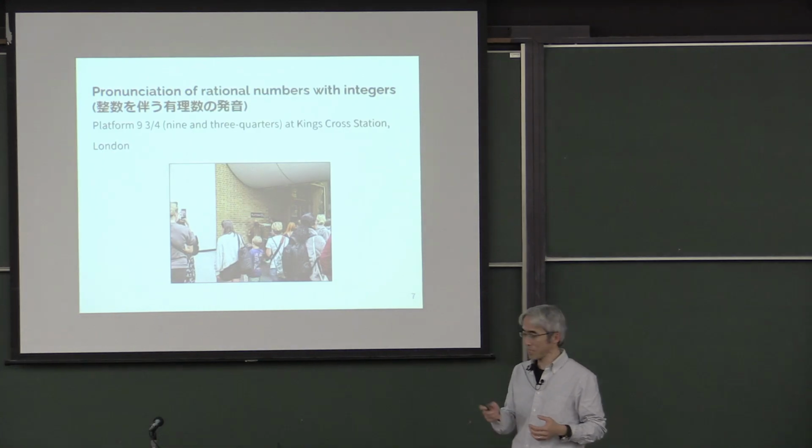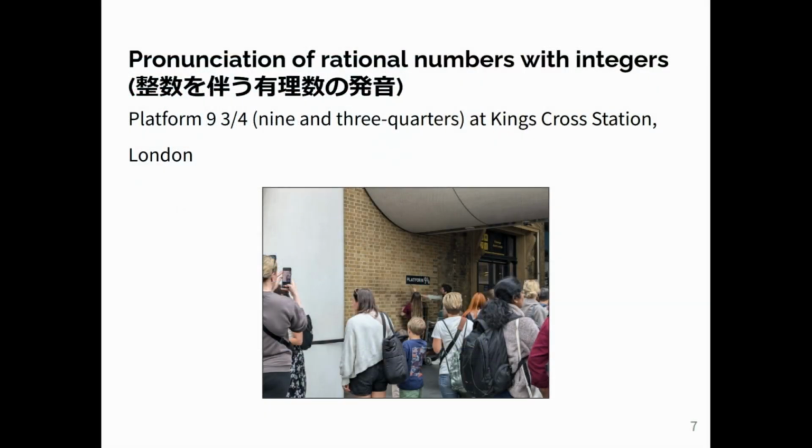And the strange thing is the platform's name, which is called in Japanese 9と4分の3番線. How to say it in English? Platform 9 and 3 quarters.